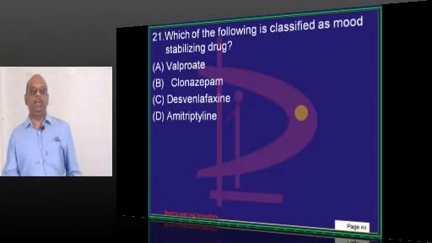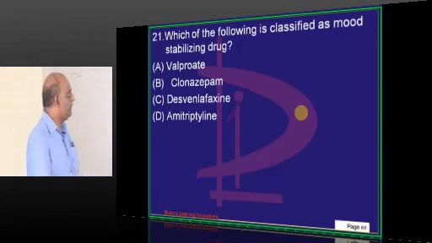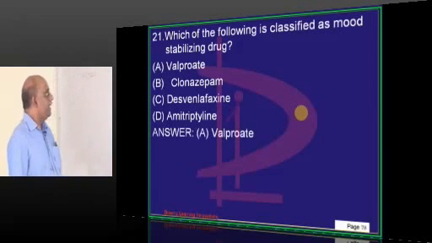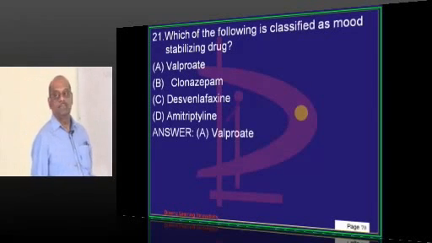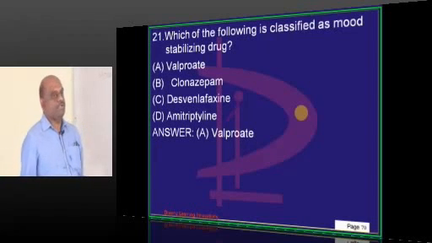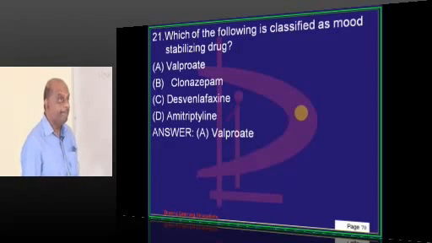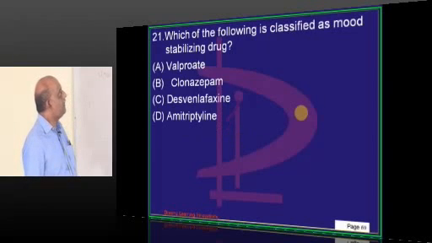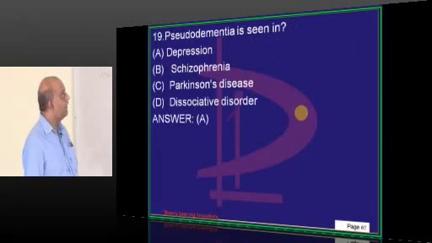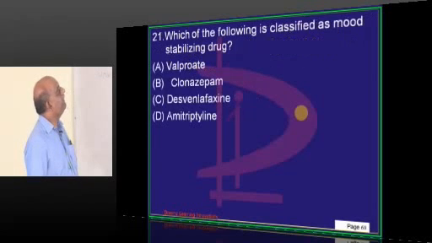Then which is a mood stabilizing drug out of all these things? Valproate. Valproate is a mood stabilizing drug. Divalproax. 20th question, what is the answer? Oh, 20 missed.